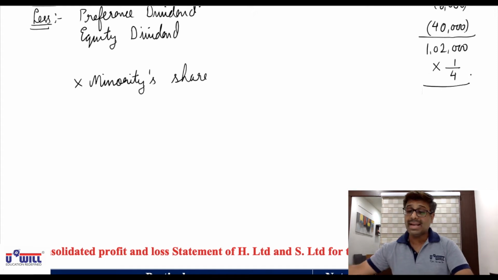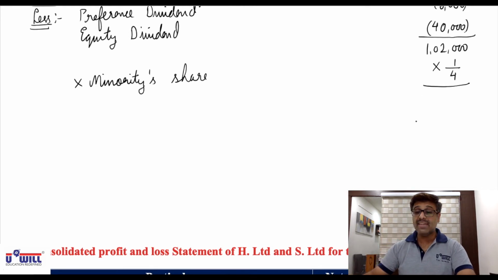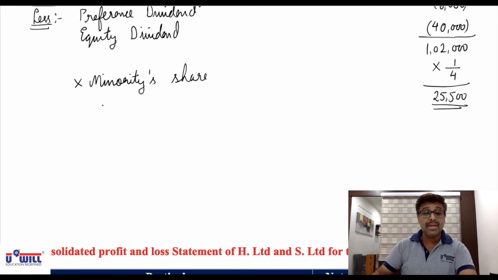So what is 1,02,000 into 1/4? 25,500 is minority interest that will directly appear in second part when we find profit to be transferred to consolidated balance sheet.